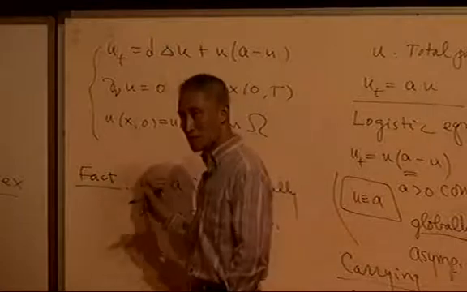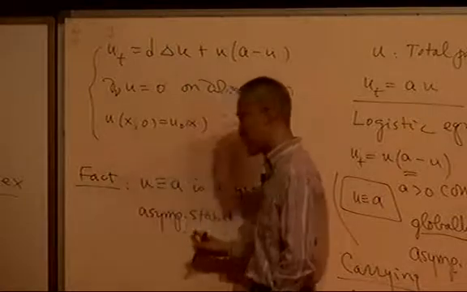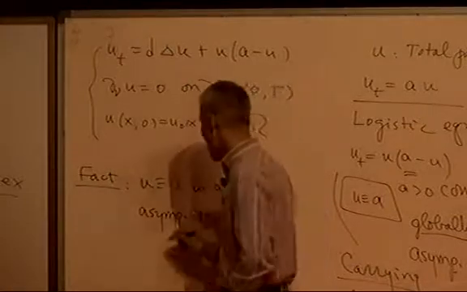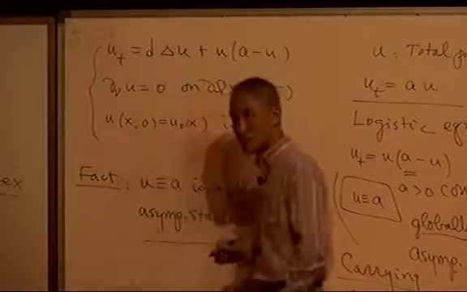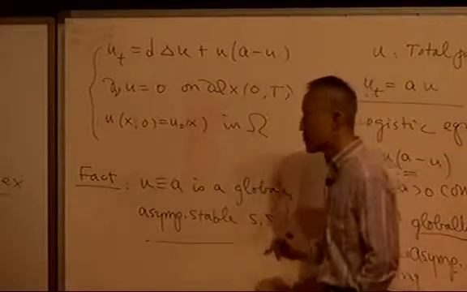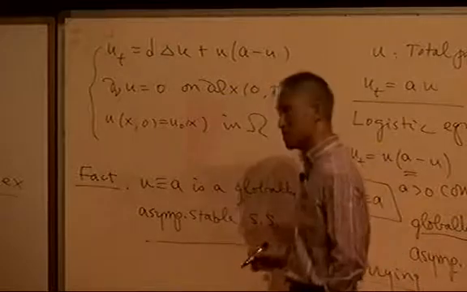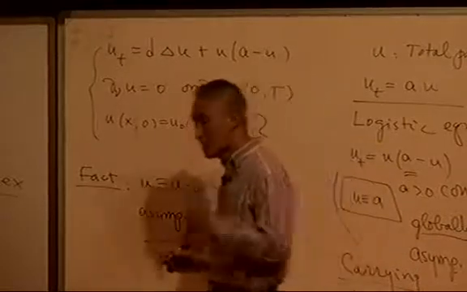I will prove something a little more complicated than this one next time. But anyway, it's very simple. Asymptotically stable means it's stable near infinity, as t goes to infinity.